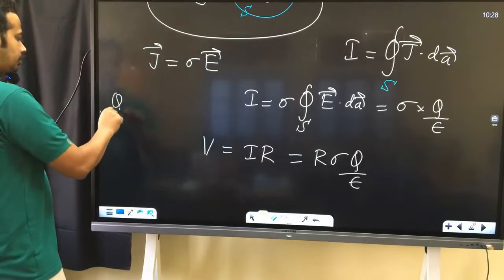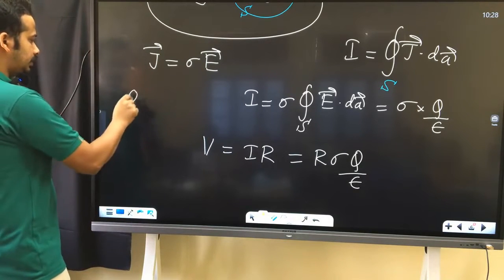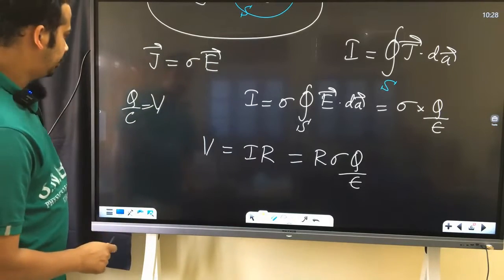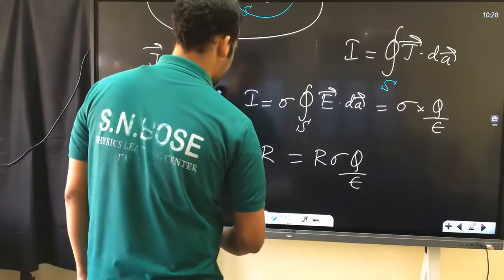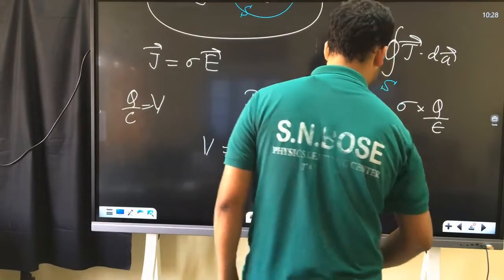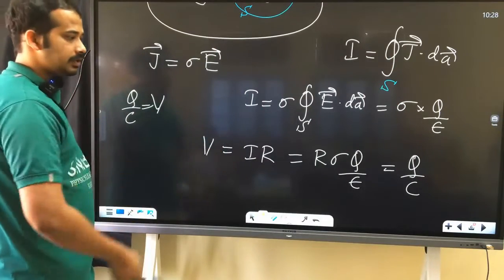Q is equal to CV. So the potential difference is equal to Q by C.